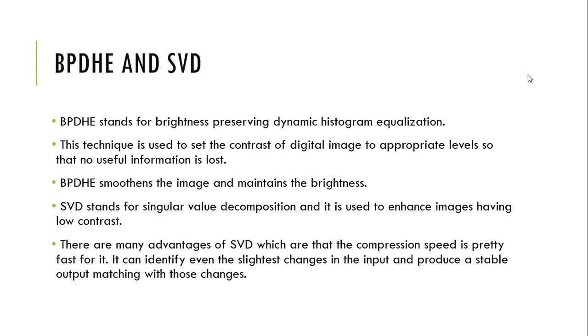SVD, on the other hand, stands for singular value decomposition, and it is used to enhance images having low contrast. So BPDHE takes images that are low on brightness and SVD takes images that have low contrast. There are many advantages of using SVD: the compression speed is very fast, and it can identify the slightest changes in the input and produce a stable output matching those changes.